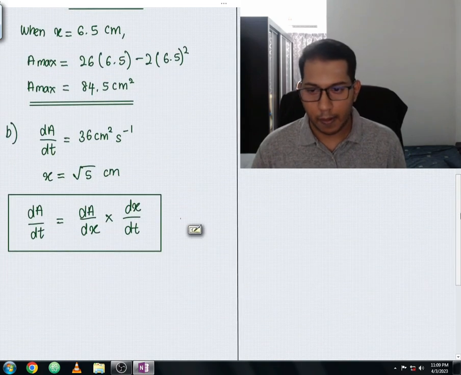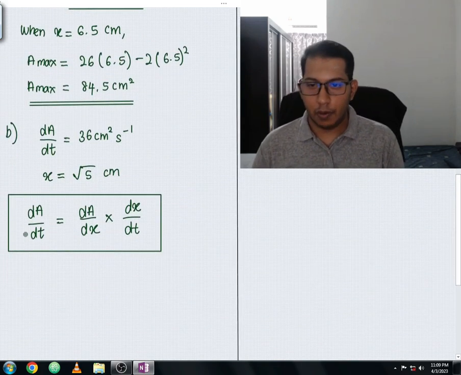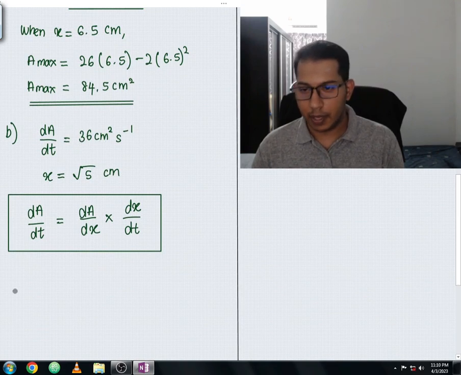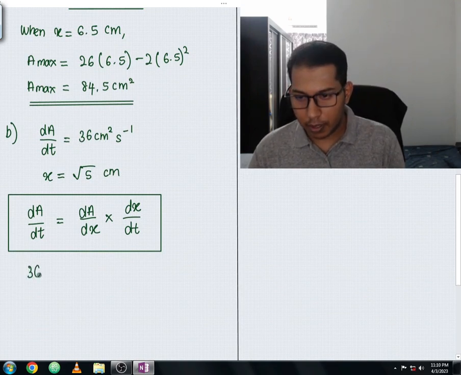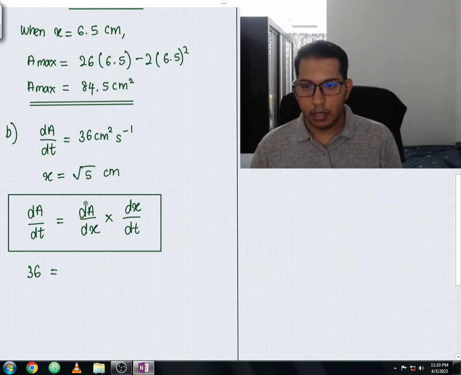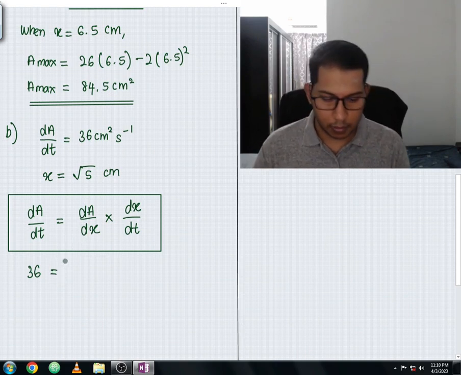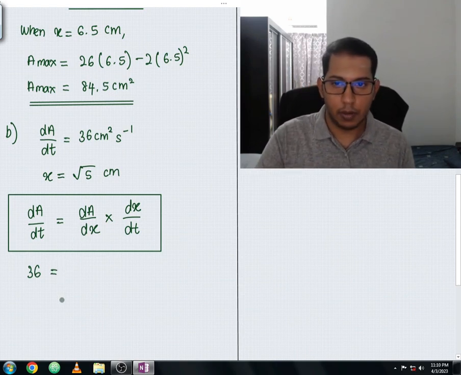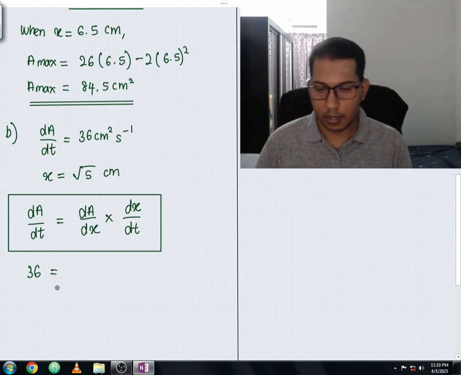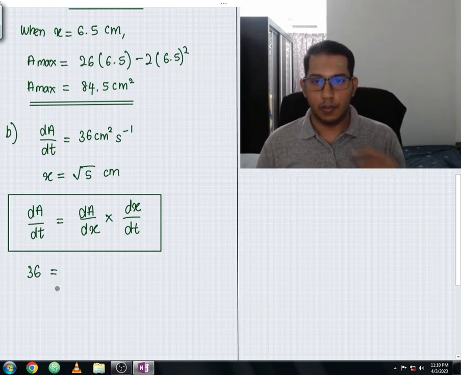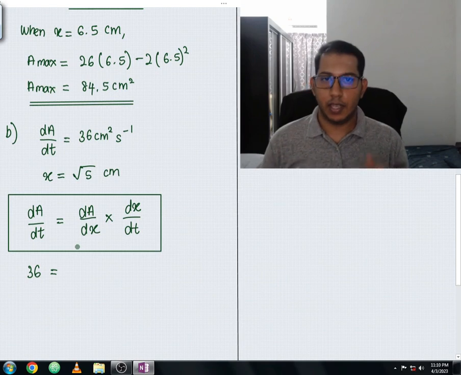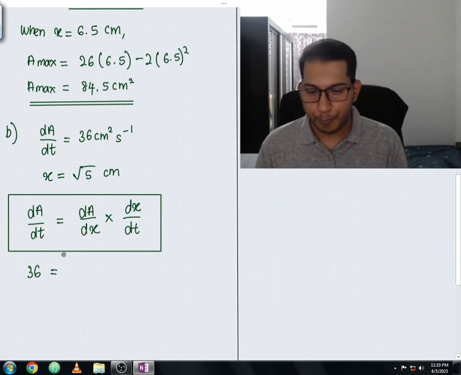So from here, dA over dt we already get from the question itself, which is 36 centimeters square per second. So let me write it down over here. So 36 is equal to dA over dx, which is equal to 26 minus 4x, which we already found through the working.